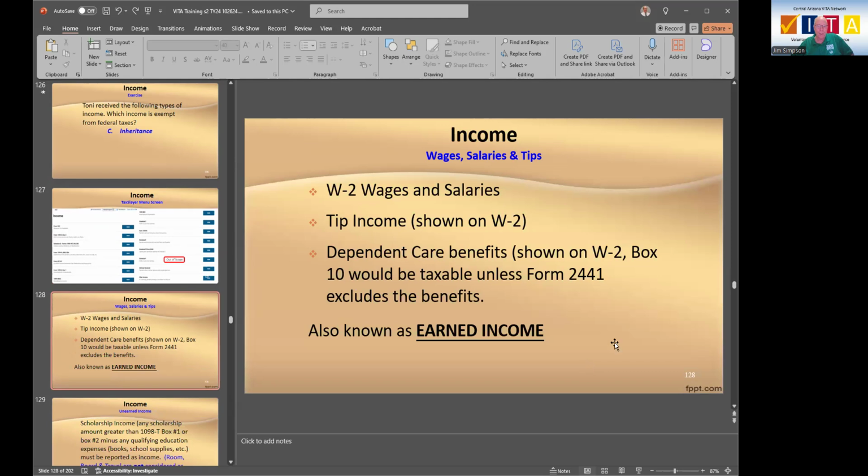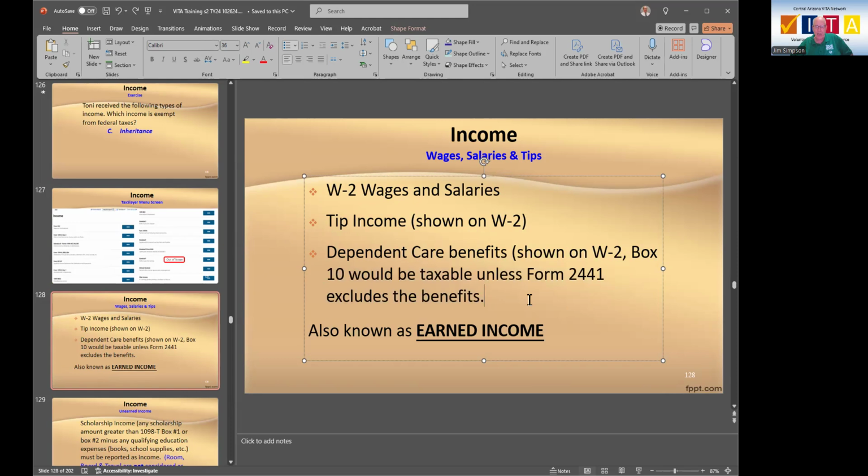So W-2, wages, I kind of talked about this. Tip income and dependent care benefits shown on the W-2 are considered earned income. And this one right here would be those Medicaid waiver payments.